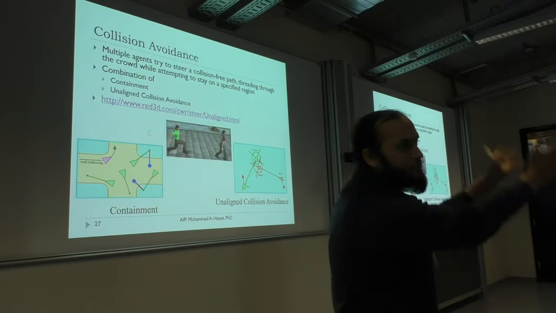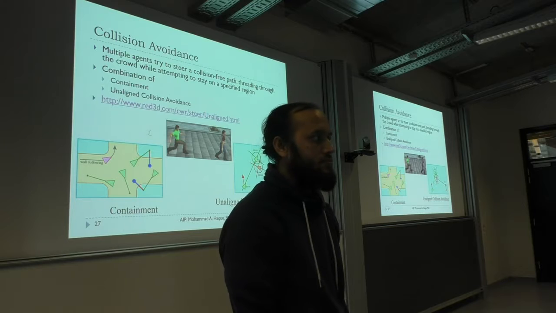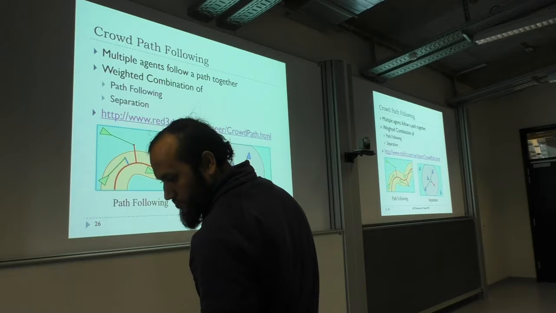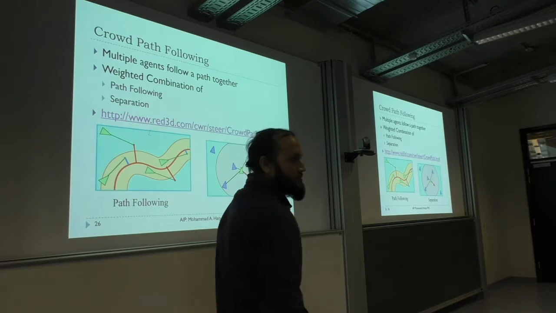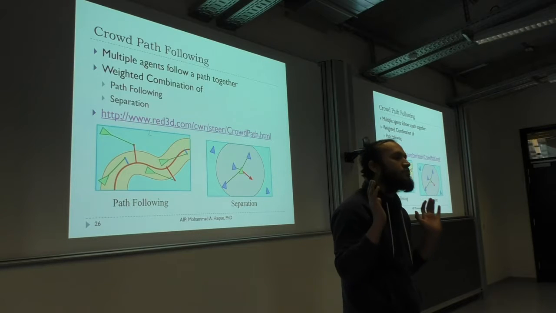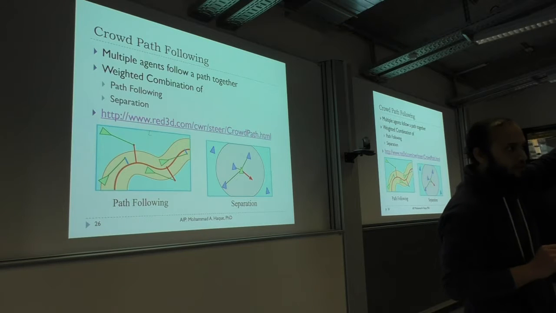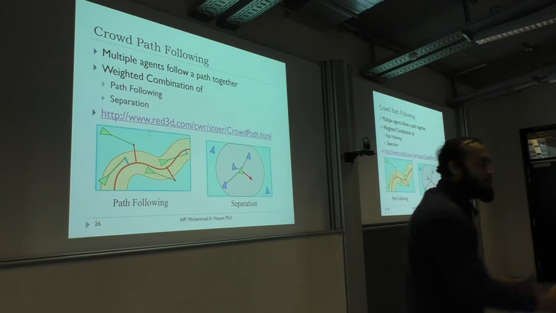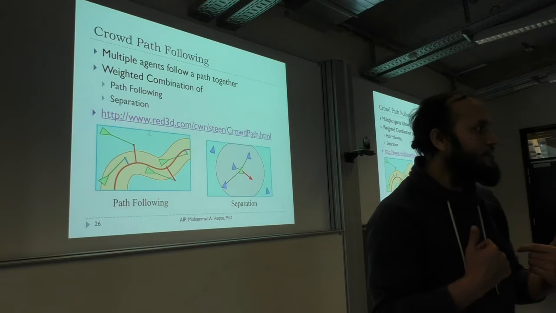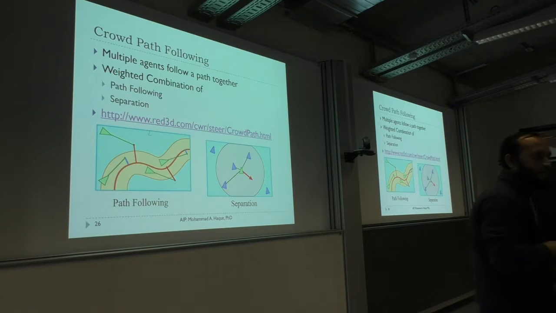We want to go out of this door from this room. That is the idea. Then what is crowd path following? If somebody tells us to just go out from this room, then we can start going out. What will I do? I will also start going out like this. Maybe I was walking in this direction, but when I hear this command, I will slowly move here and then I will start going like this.